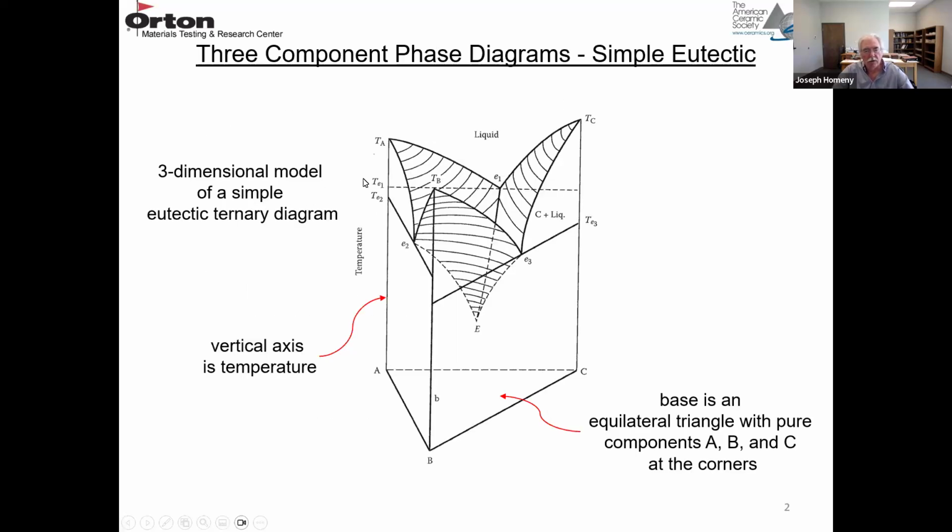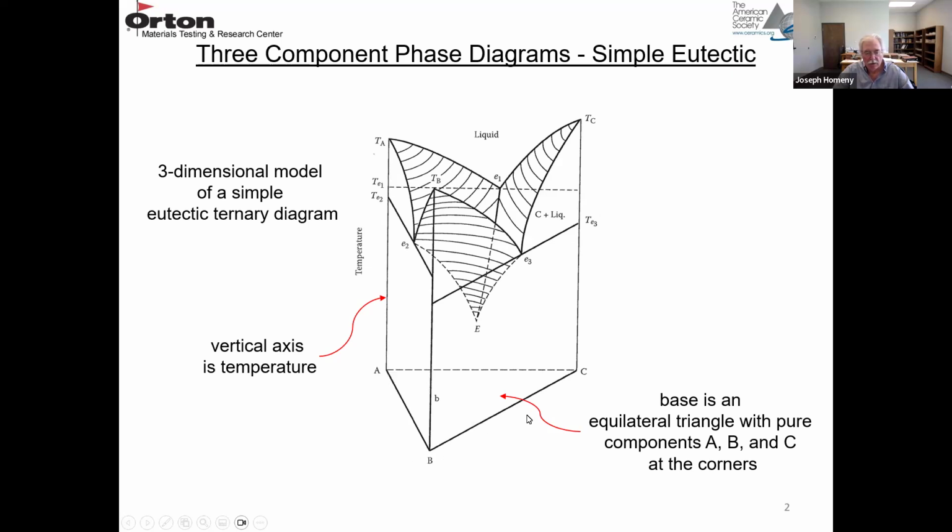This is a 3-dimensional model of a very simple eutectic ternary phase diagram. The base, A, B, and C, is an equilateral triangle. It doesn't look like it here, but all 3 sides are equal.